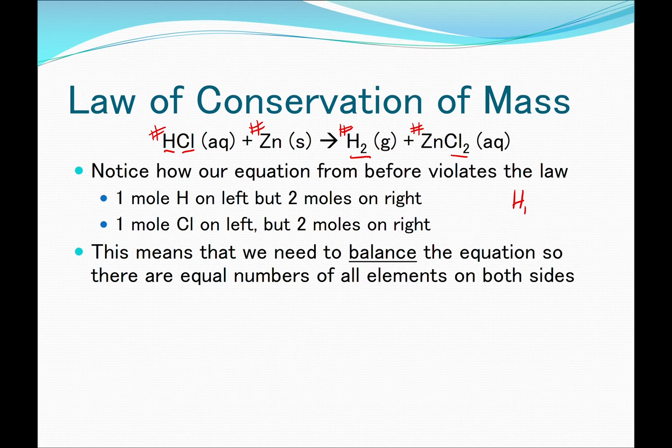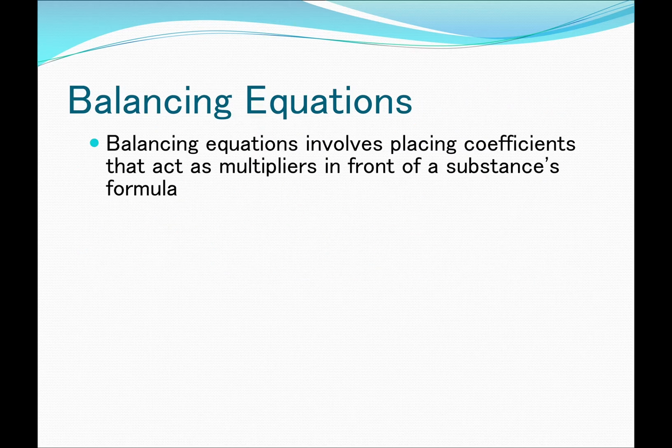It's not the same. Hydrogen gas is a diatomic element. When it's by itself, it is always formed diatomically with two hydrogen atoms bonded together. So we have to write it that way when it's by itself. We can't just change the subscript because changing the subscript will change what the actual formula is or what the substance is. So we can only adjust the coefficients in the front.